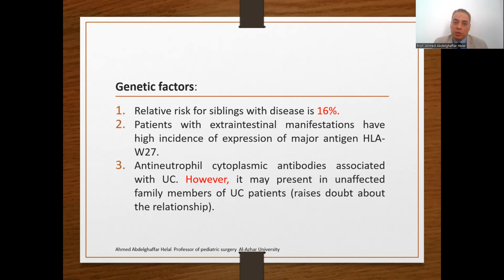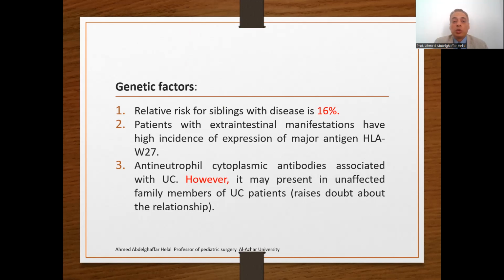For genetic factors, evidence suggests that the relative risk for a sibling of a patient with the disease is about 16%. Number two, the patient with extraintestinal manifestation may have a high incidence of expression of the major antigen HLA-B27.